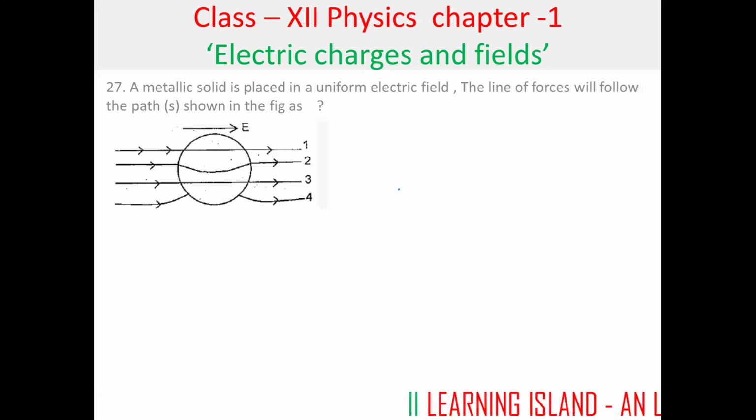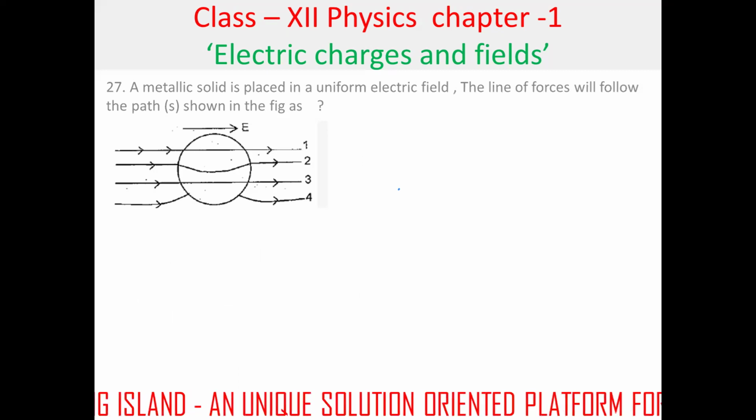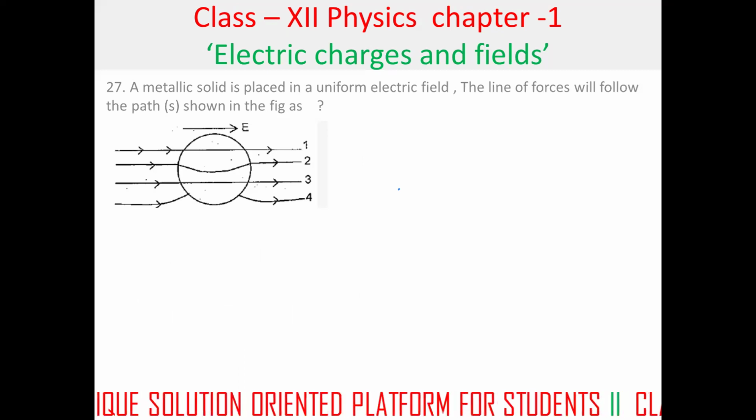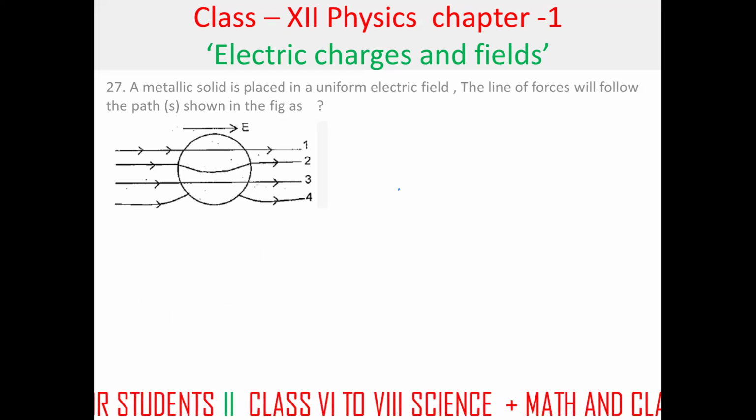Now question number 27. A metallic solid is placed in a uniform electric field. The line of force will follow the path shown in the figure.